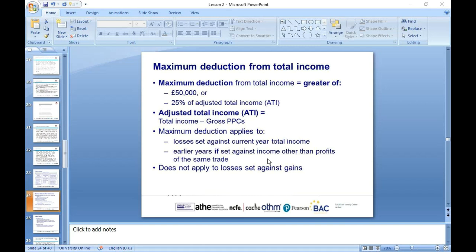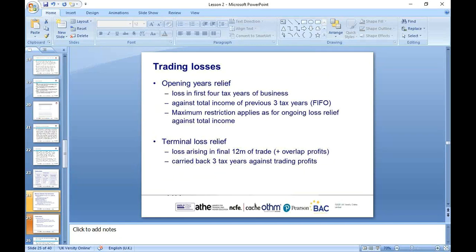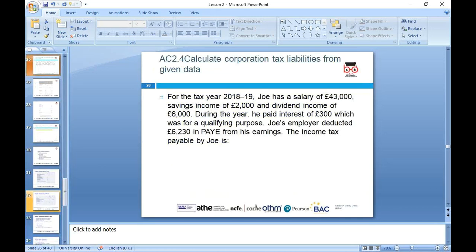So we have rules there. And then trading losses, we have relief against the income of the previous 3 years. If we have losses there or tax liability, we can claim terminal loss relief. And next we look at calculating the corporation tax liabilities.